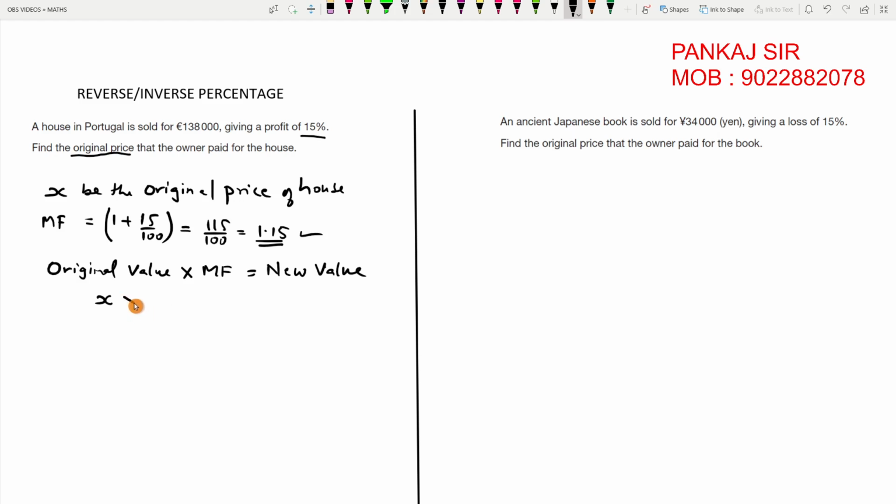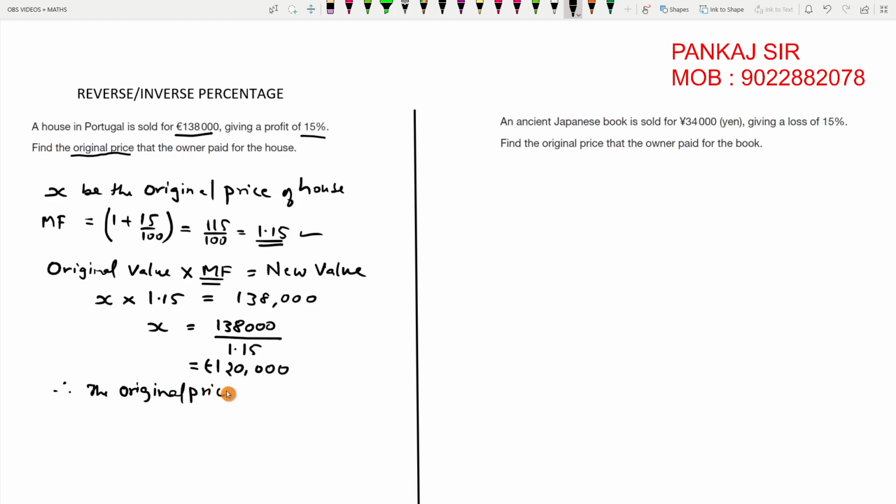So this X multiplied by the multiplying factor 1.15 should be equal to the new value, and new value is given to you as 138,000 euros. So from this very nicely you can get X equal to 138,000 divided by 1.15, and this should give you the answer as 120,000 euros.